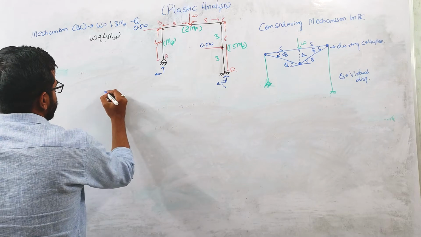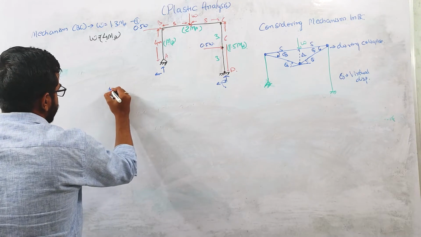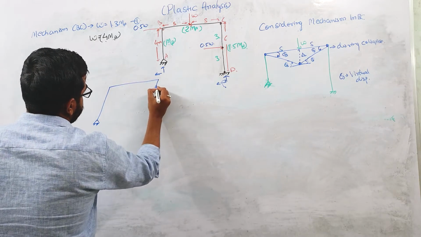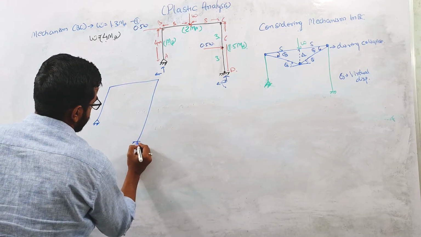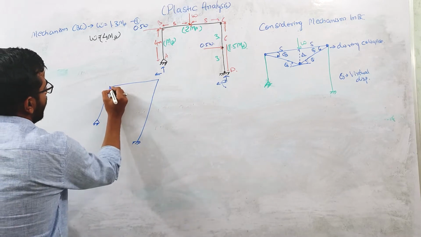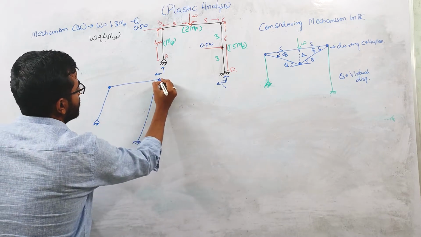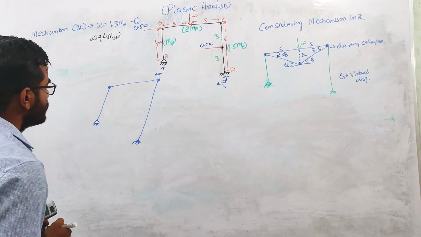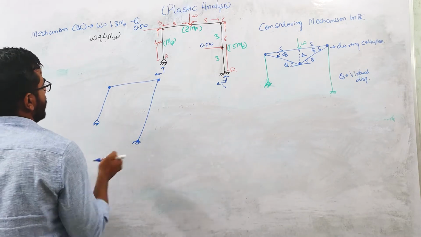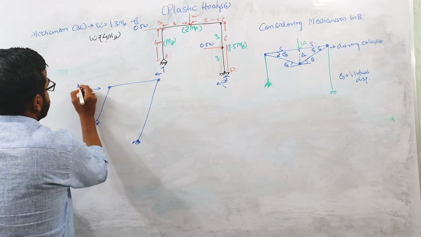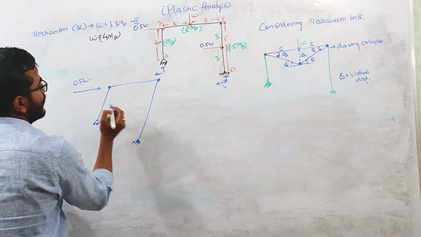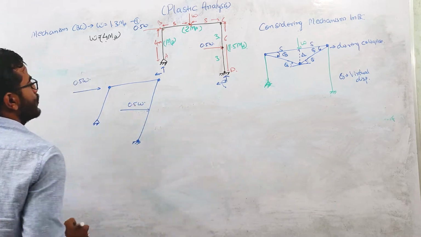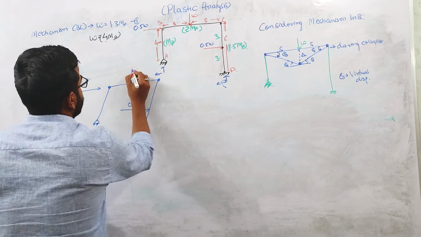When there is sway mechanism in this structure, it will look like this. The plastic hinge will form at this point, and again at this point. At this point there is a load acting which is 0.5 W. Here also one load is acting which is 0.5 W. So this load is of no use.